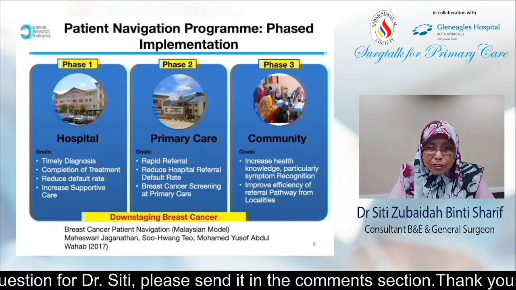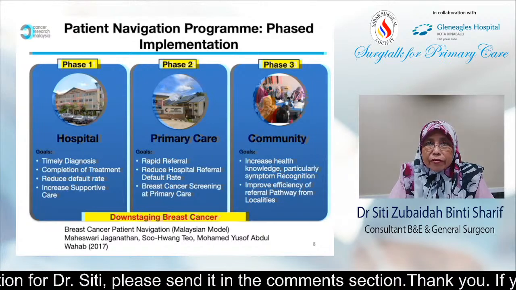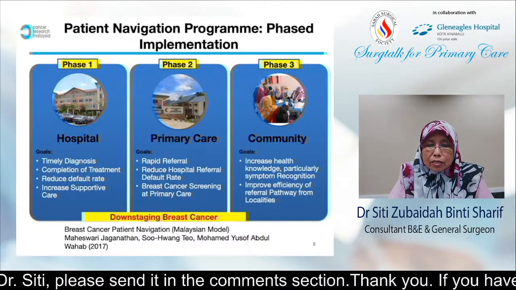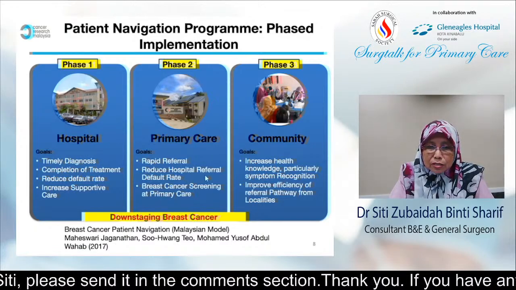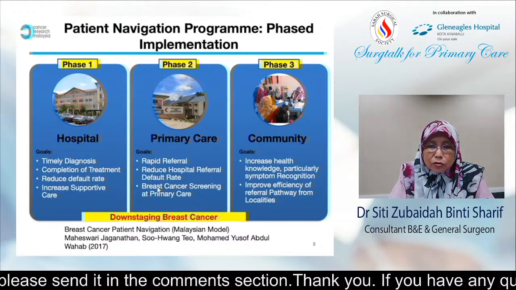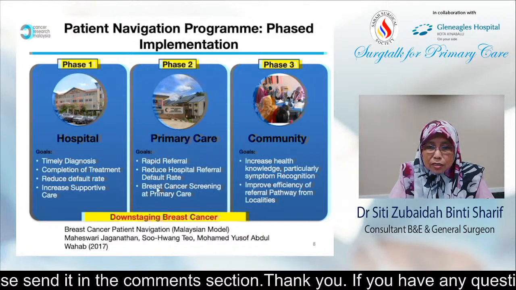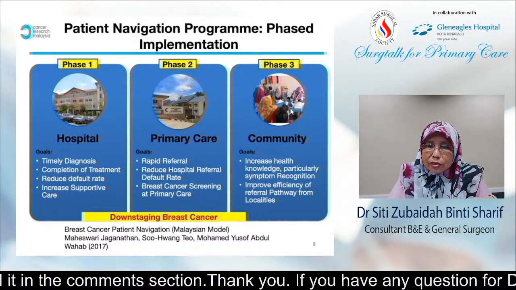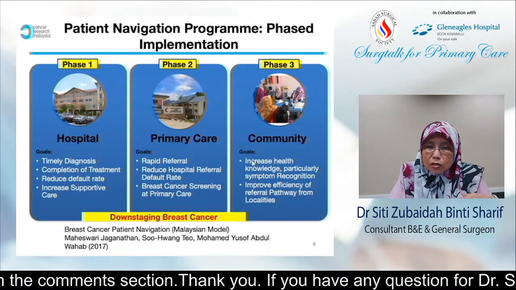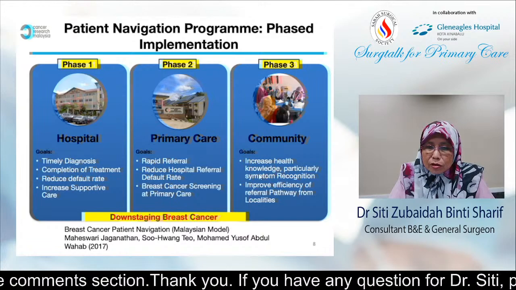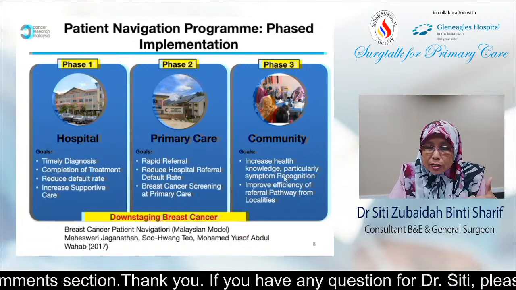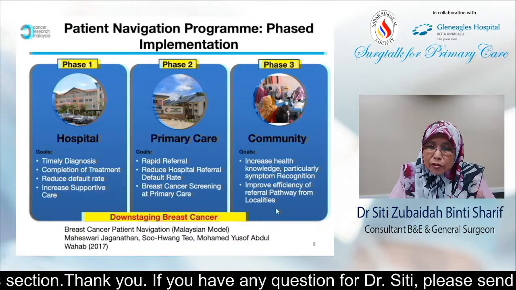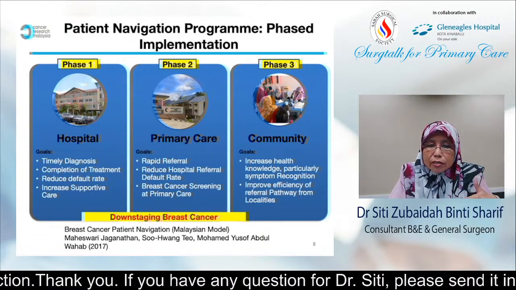At the primary care level, what we want is a rapid referral to the hospital, to our Pink Ribbon Center, to reduce the hospital referral default rate, and also to increase breast cancer screening at primary care. In phase 3, in the community, our goal is to increase health knowledge, particularly to recognize the symptoms of breast cancer, and to improve the efficacy of the referral pathway from any locality.